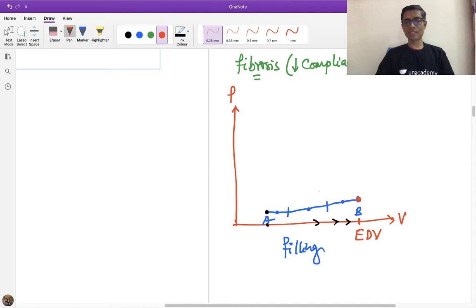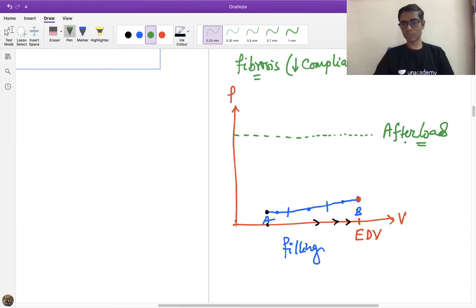So point B is the end diastolic volume. Now I am plotting another line on this curve. This line is an almost straight line which indicates the pressure at the level of the arch of the aorta. We all know the arch of aorta pressure is nothing but the afterload.